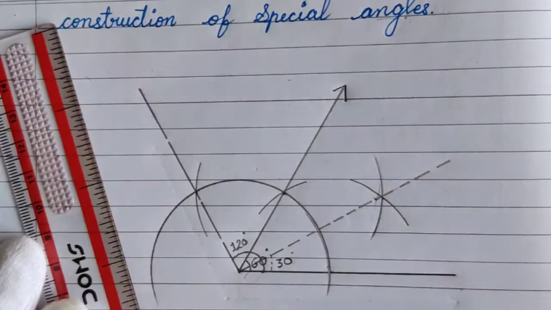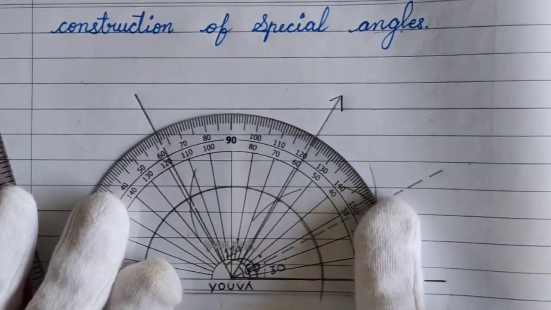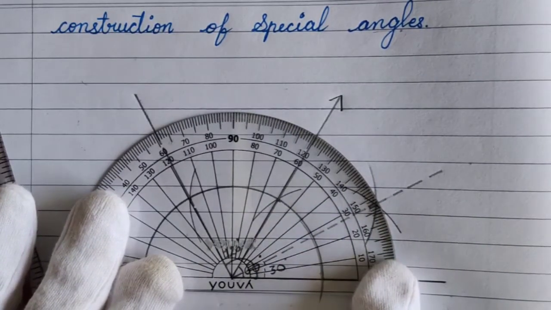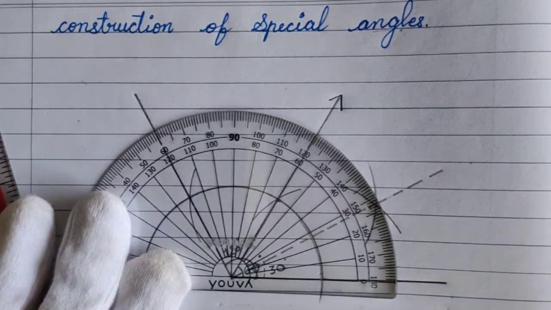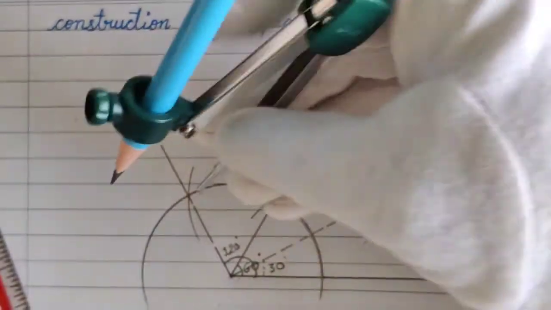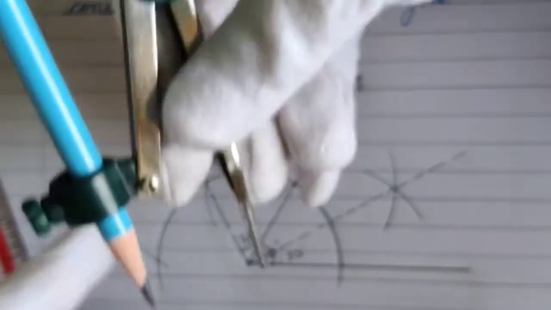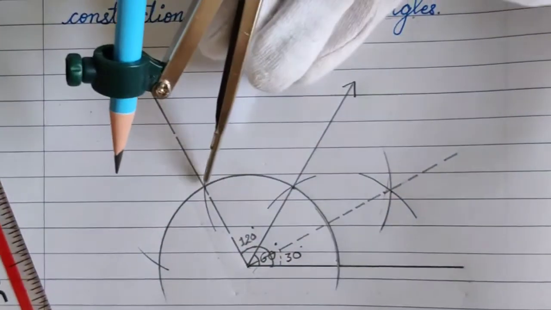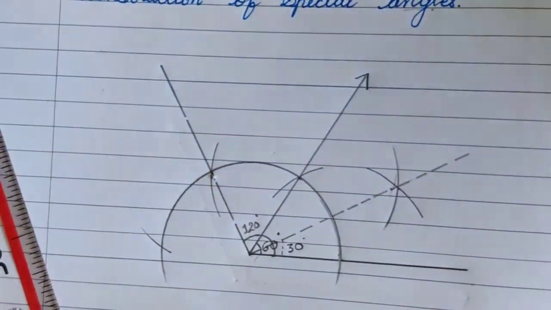We'll check it. With the center on the vertex of the angle, the measure is exactly 120. Then you move one more arc and intersect.